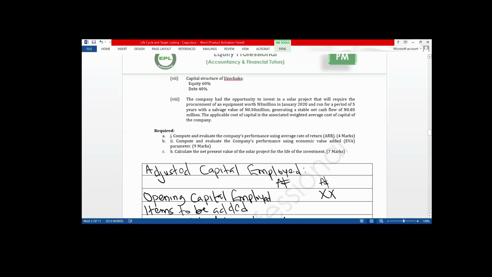Please note, average rate of return is the same as return on investment. It's also the same as return on capital employed. The examiner can ask you to calculate return on capital employed, return on investment, or the average rate of return.